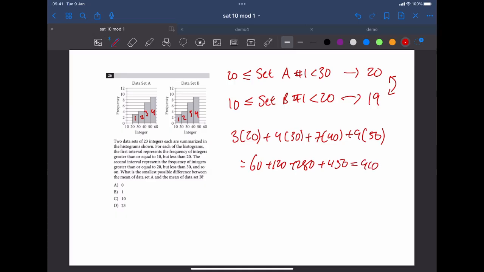Now let's make B as large as possible. Because the intervals contain integers, the largest values are 1 less than the upper endpoint. Just looking back at set B, you see the largest possible value in the range of box 1 is 19 because it has to be less than 20. So let's do that.